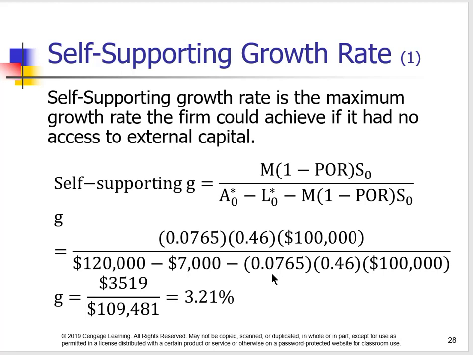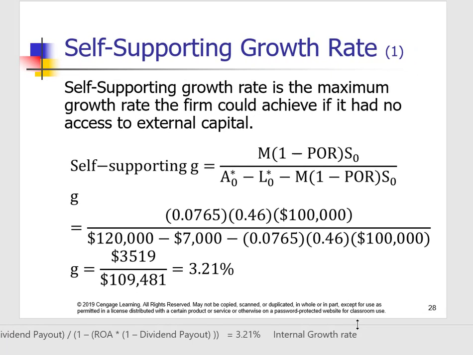So in other words, how much can sales grow only using profit to pay for the additional assets that we might need? Now, this is called self-supporting growth. Sometimes it's referred to as the internal growth rate.